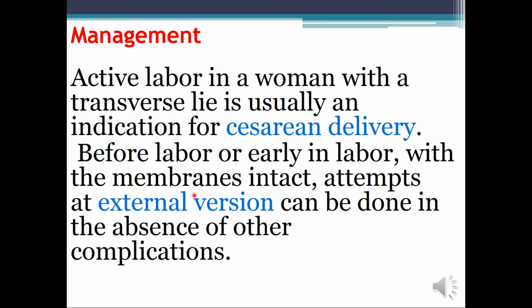But if the membranes are ruptured or the woman is in active labor, we cannot do that, and we take the patient for emergency cesarean delivery.